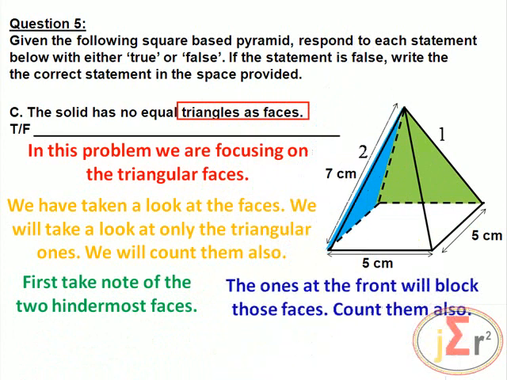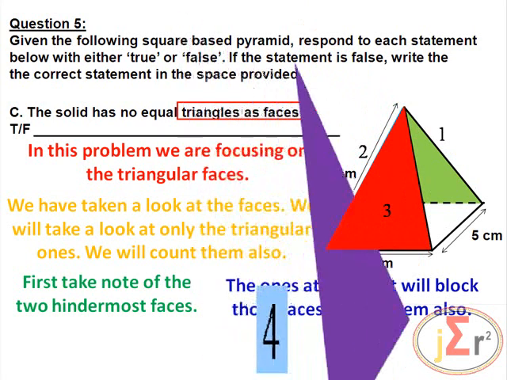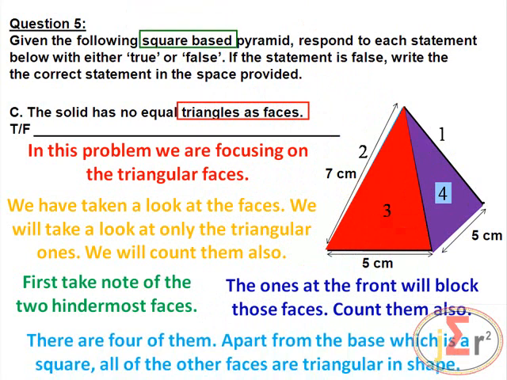And we also will take a look at the ones at the front. They will block the ones at the back, but we know we have two of them, so we will put those two new faces in and we will count them also. So they are part of the count. So we are at 4 of those faces. There are 4 of them. Apart from the base, which is a square, all of the other faces are triangular faces.